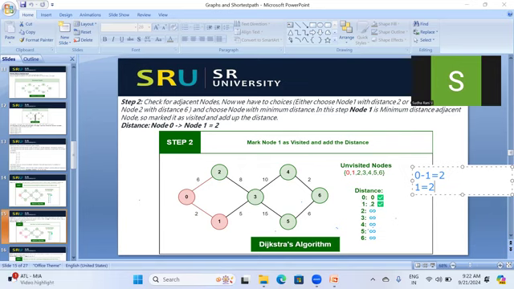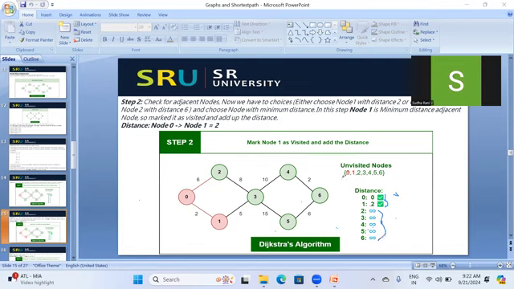So now we have traversed node 0 as well as node 1. We traversed from node 0 to node 1. These two nodes are now called visited nodes. All the remaining nodes are still unvisited nodes.